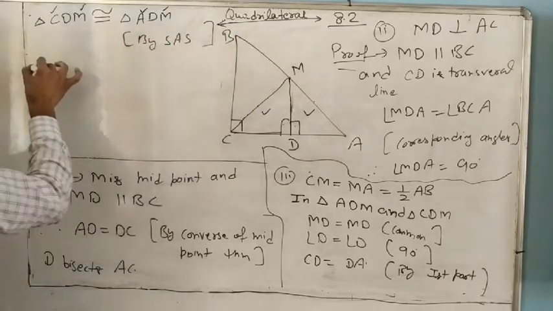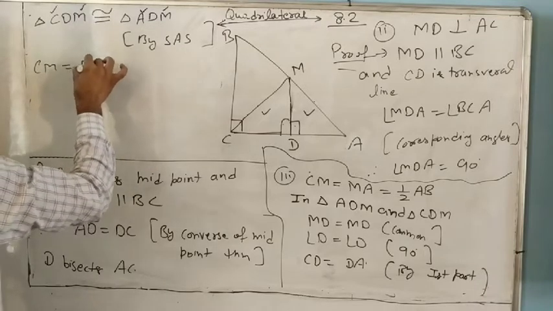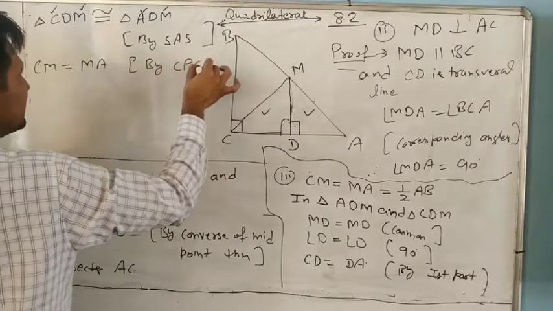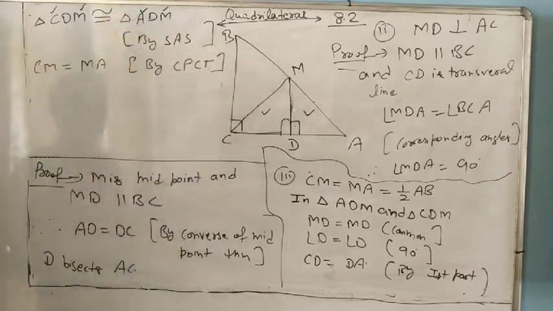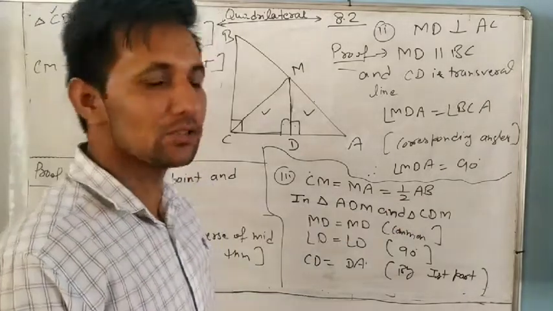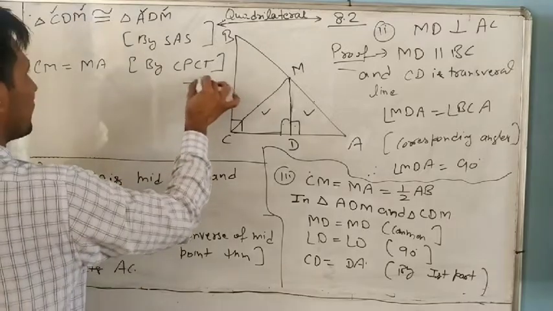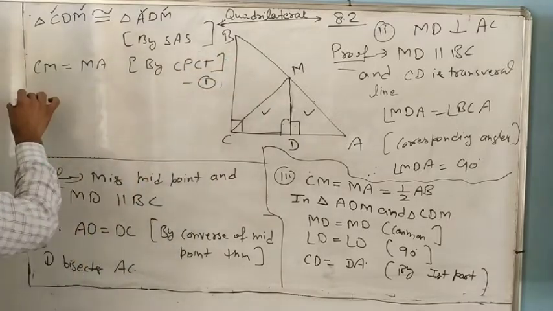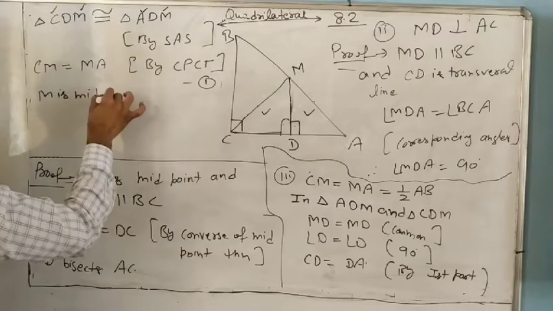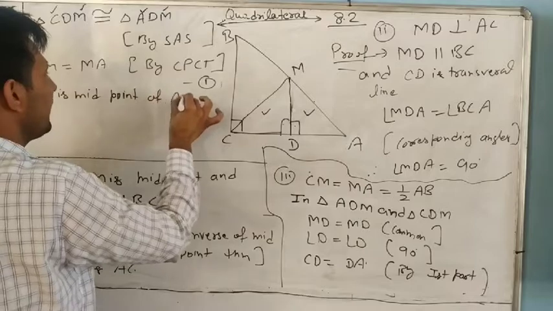So next, CM equals MA by CPCT. But we want to prove half of AB also. You can call this equation 1. Then write: M is the midpoint of AB.